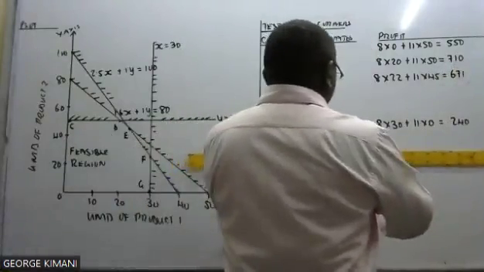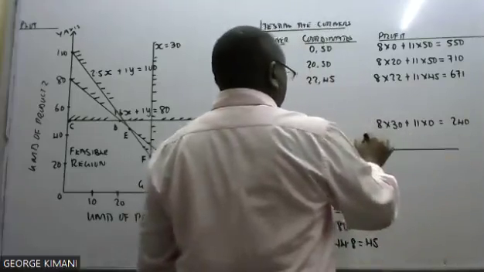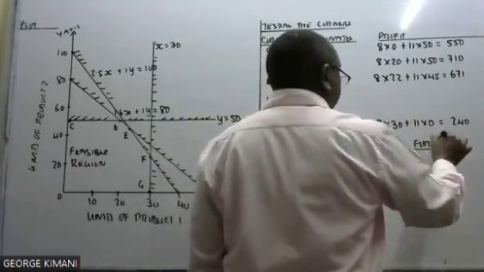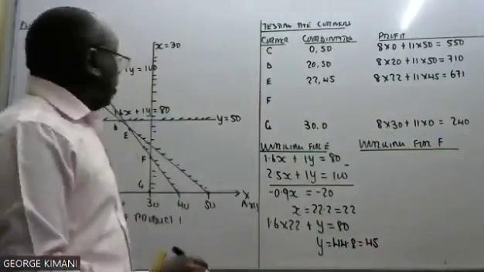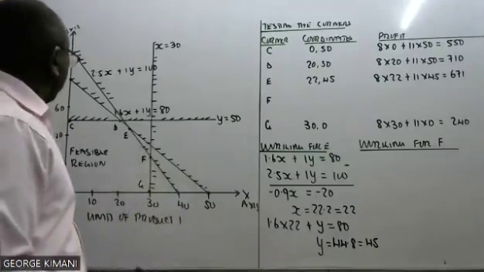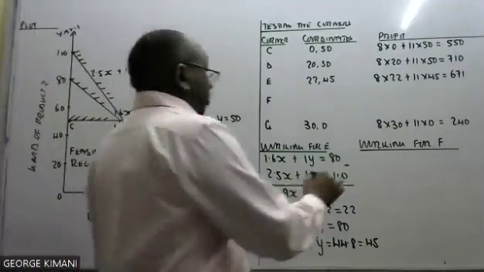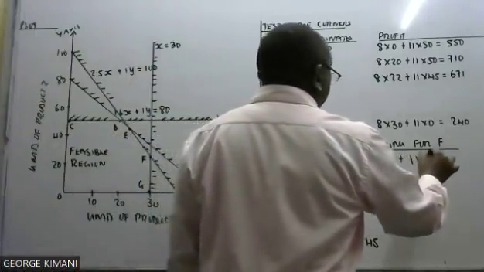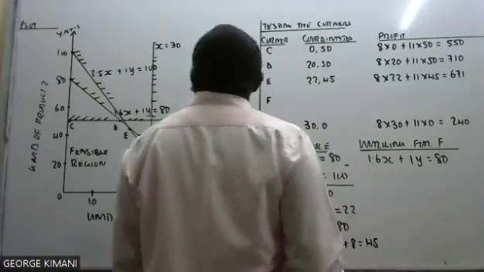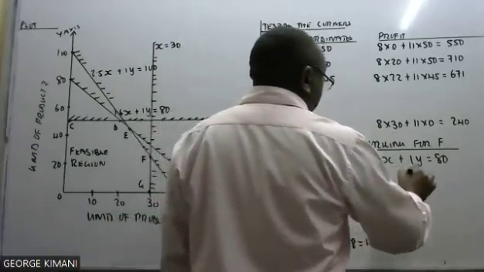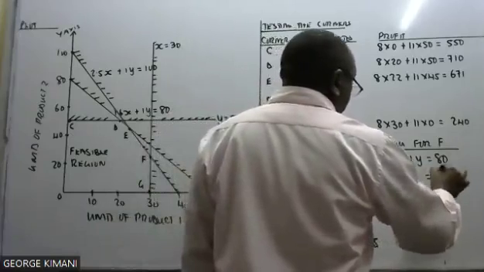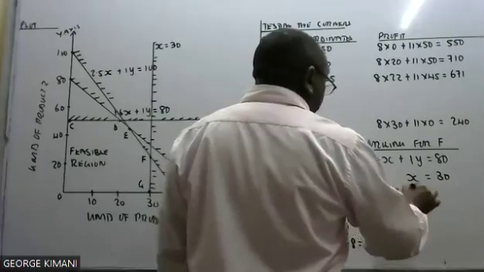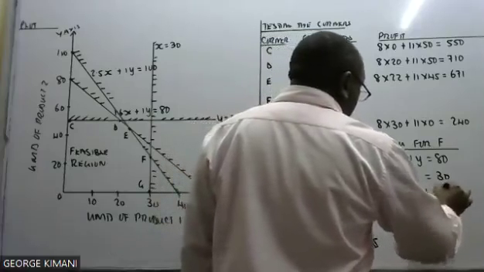Let's do the working for F. Now the equations that make that corner, kuna hiyo ya 1.6x plus 1y is equal to 80. Huyu mwingine is that x is 30. So if x is 30, then you proceed and say 1.6 times 30 plus y should be equal to 80.